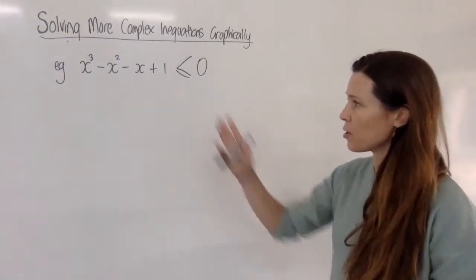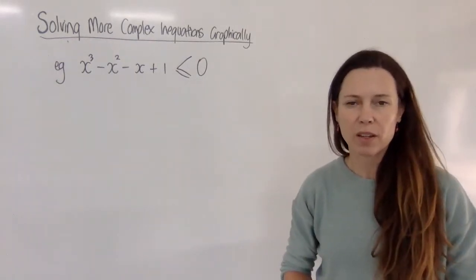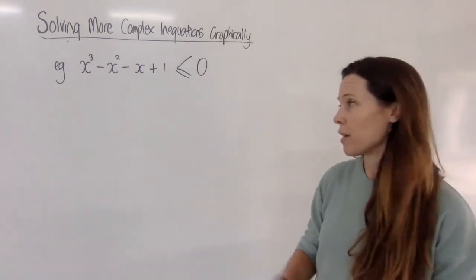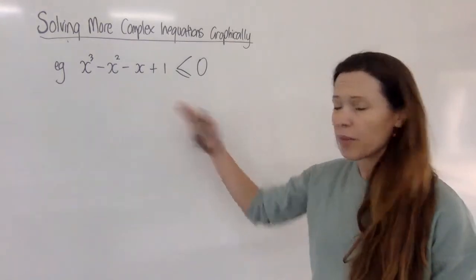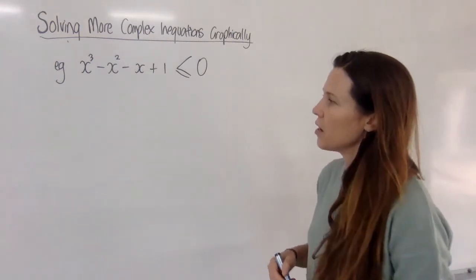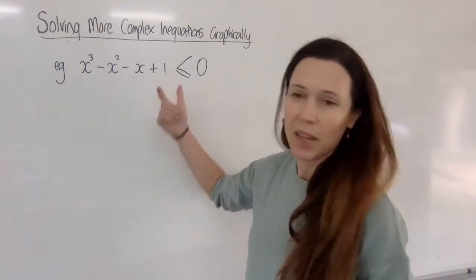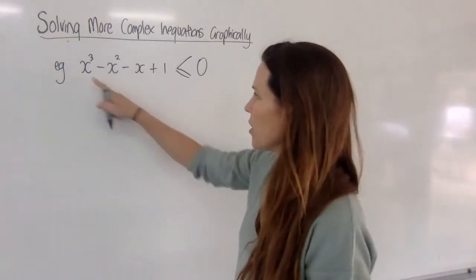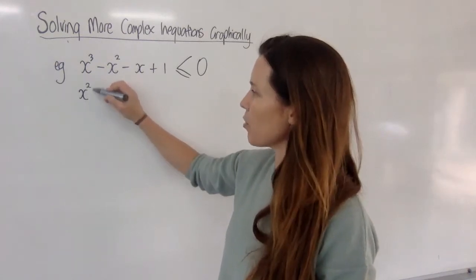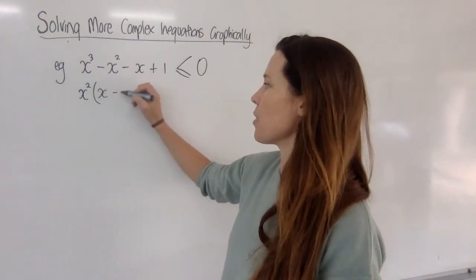Now this example is much more tricky because it's actually not factorized. So my best bet is to try and factorize it and assume that if I've been asked to solve this, probably it is factorizable or I wouldn't have got it in this exercise. So factorizing perhaps in pairs would help us when we've got 4 terms. If I factorize the first two, I can bring x squared up the front and I get x minus 1.